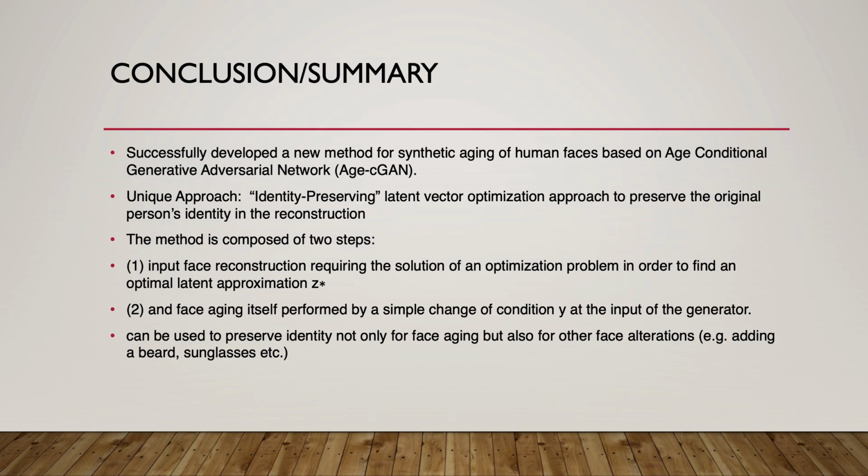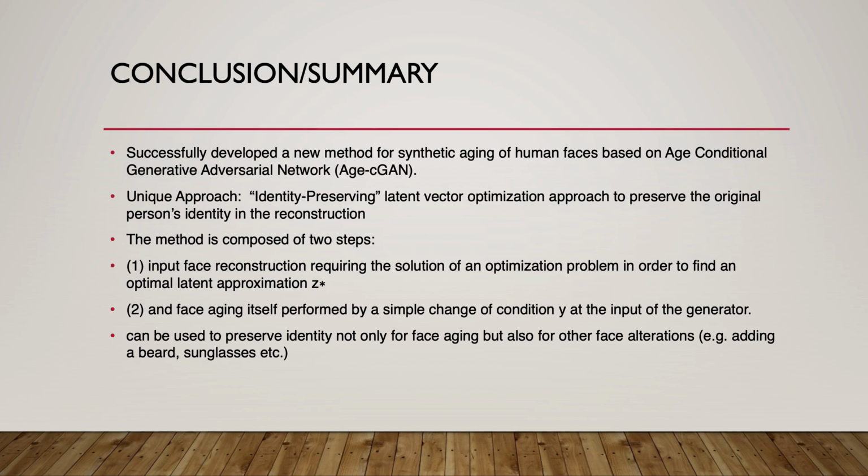Basically, the c-GAN had two steps. The first step was face reconstruction, requiring the solution of an optimization problem in order to find an optimal latent approximation Z star. And then from there, we did face aging.